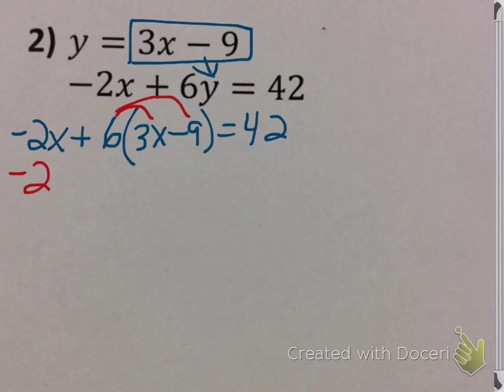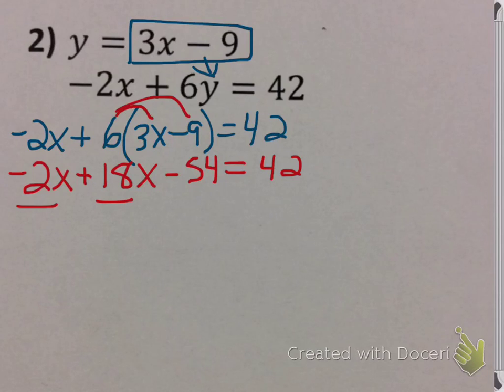So to rewrite the front, I have a negative 2x plus 18x, because 6 times 3x is 18x, and then minus 54, because 6 times negative 9 is a negative 54, equals 42.